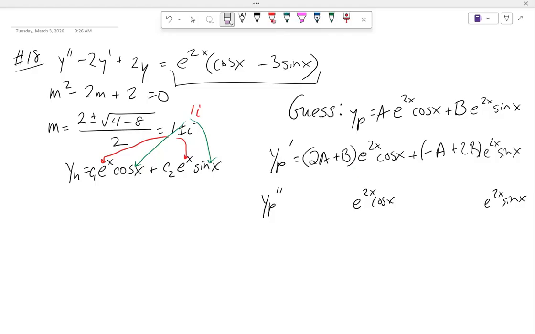I'll give myself a little bit more room here. I got to take the 2 through. So I'll have 4a plus 2b. And then the second piece, I just differentiate the sine and it gives me a cosine, right? So we'll get minus a plus 2b here.